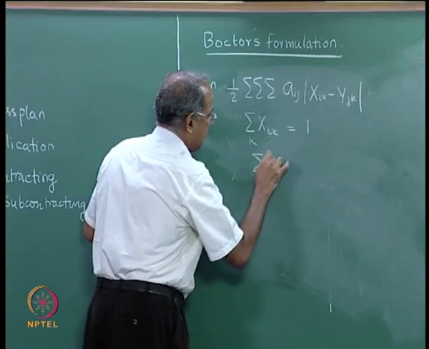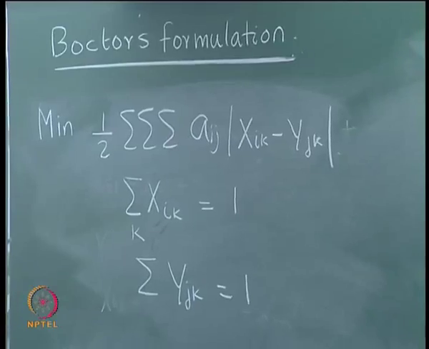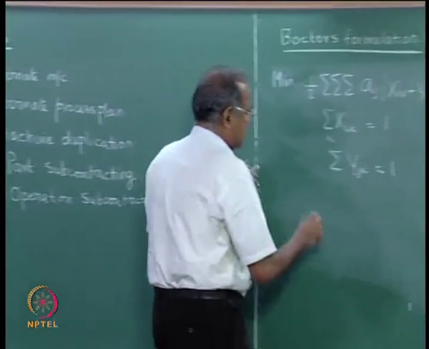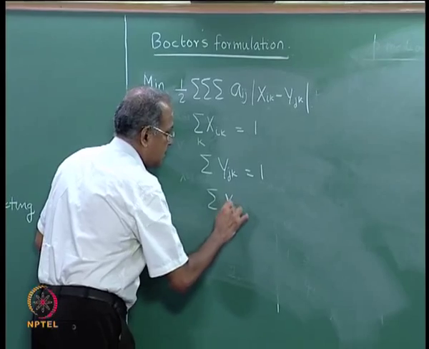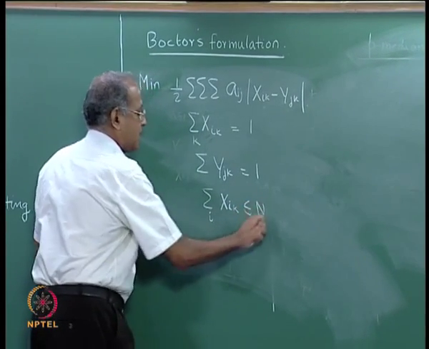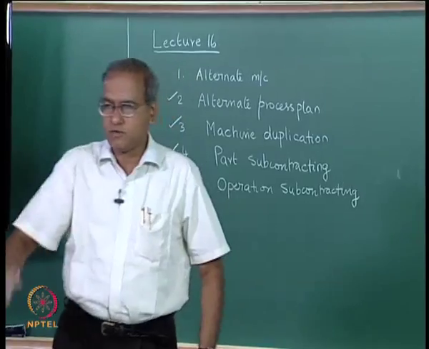Each part is also assigned to only one group Yjk, and a restriction on the cell size, Ik summed over I is less than or equal to n for every k. This is the Bakhter's formulation, original formulation. Of course, we have seen how to linearize the term and so on.